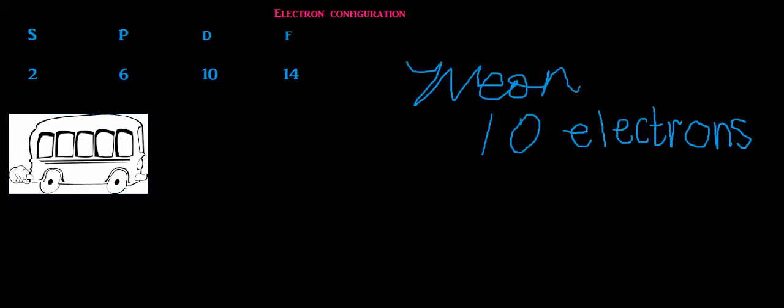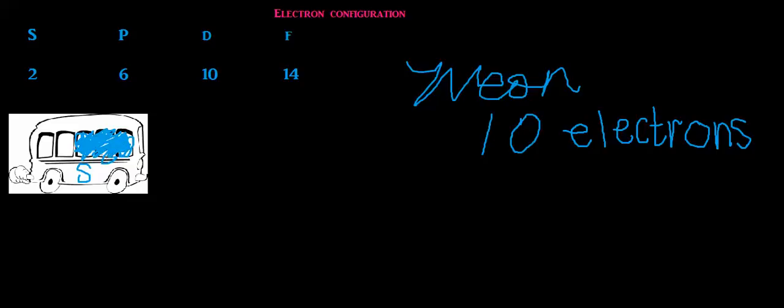Neon has 10 electrons. So let's say this bus right here is the S bus. Let's say it only has 2 seats, and these other seats are gone.